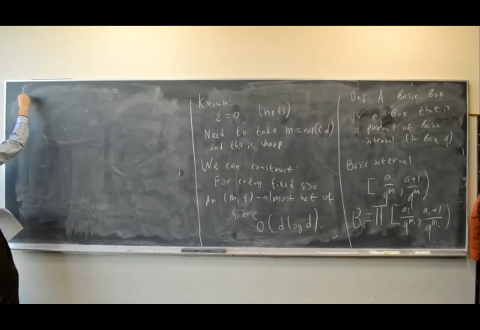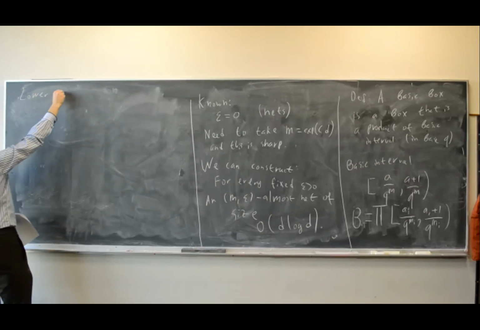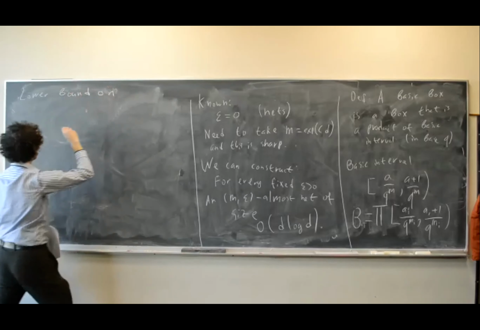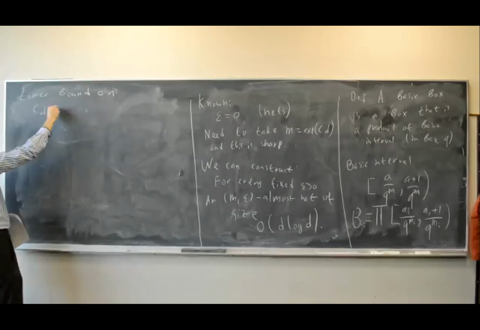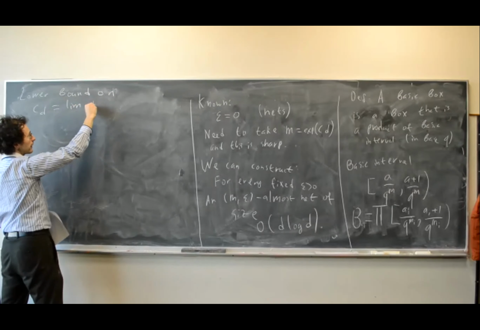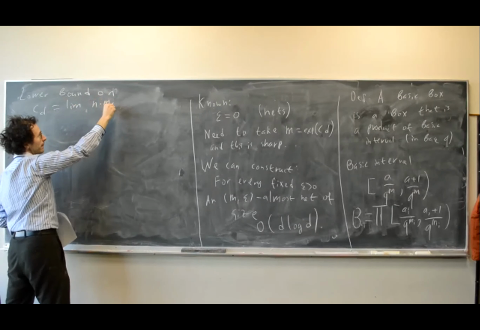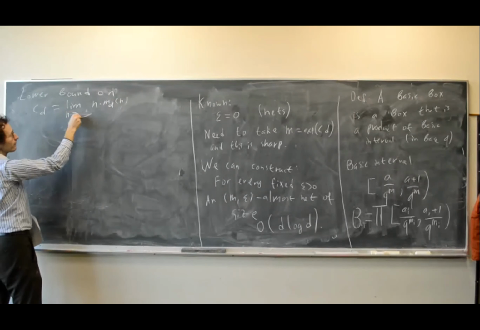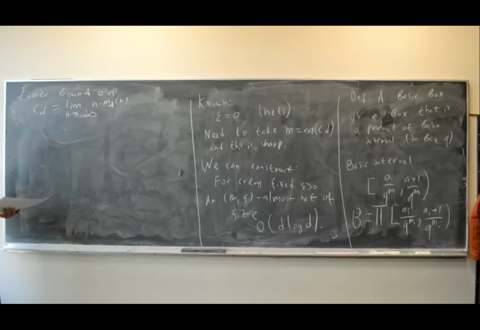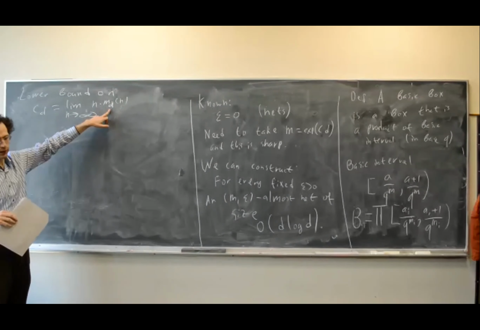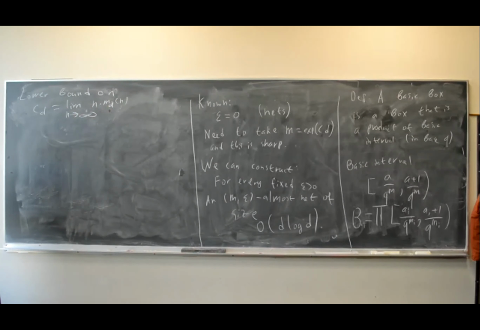So, the lower bound on C_d, which, to remind you, is the limit of n times the dispersion as n goes to infinity. So this is the dispersion of an n-point set in dimension d.